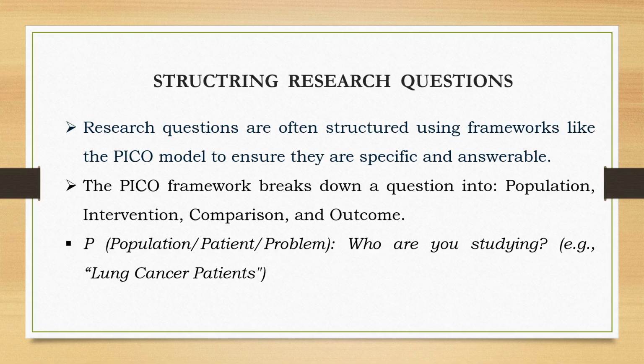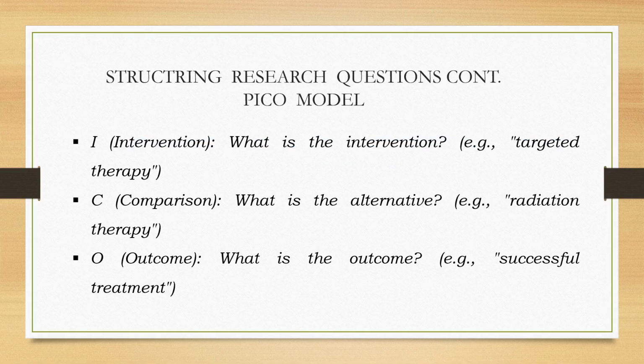For example, the population represents who you are studying, and this could be patients or a problem. For example, when you are studying a population of lung cancer patients, then your population is lung cancer patients. Intervention. What is the intervention?